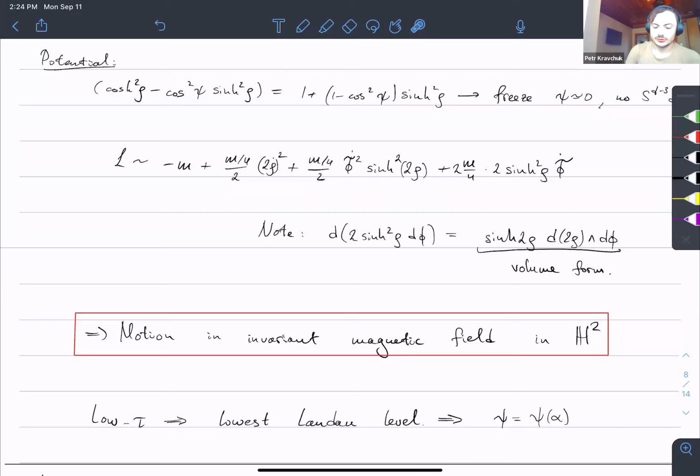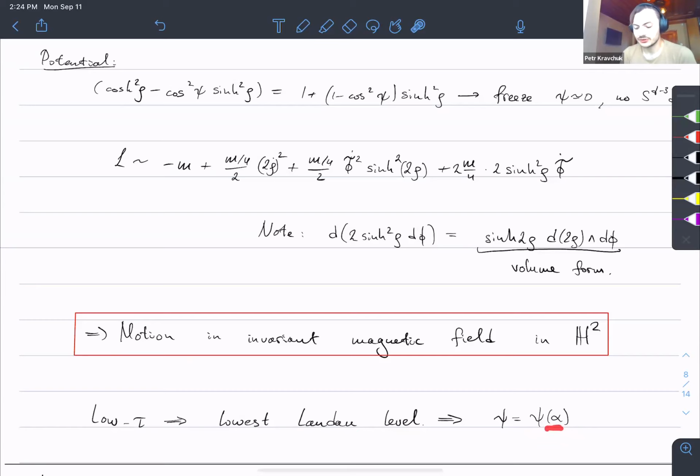But if you really want the lowest twist states, then this is indeed the lowest Landau level for this kind of effective problem. And it's well known that the wave functions for the lowest Landau level can be described by polynomials in a complex variable in your configuration space.